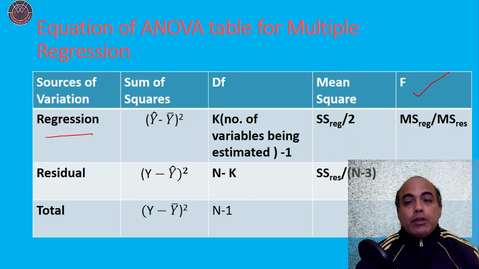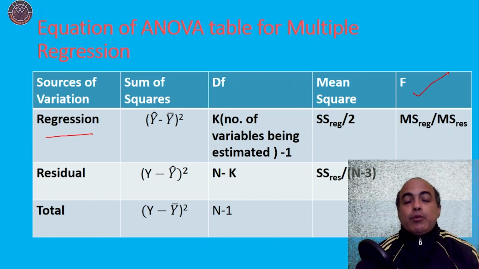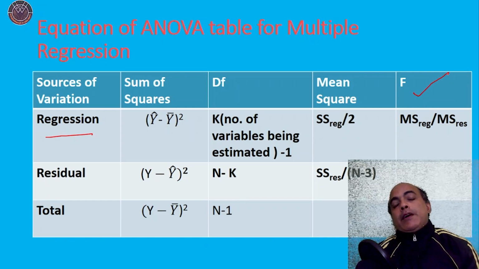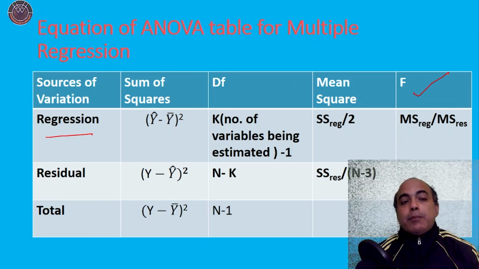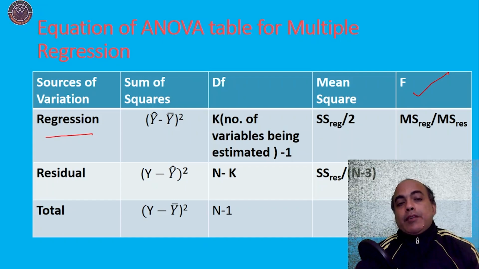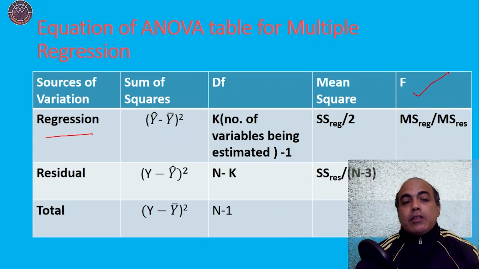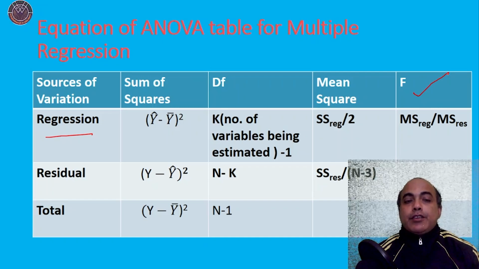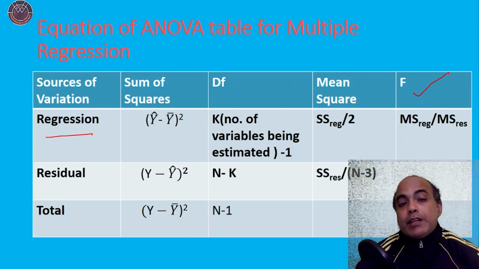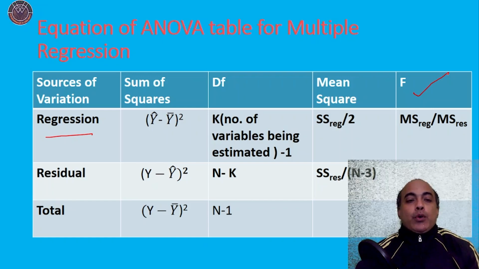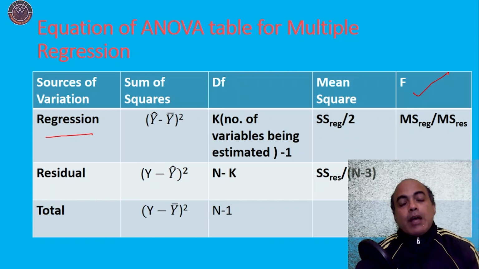So we have to test that hypothesis, whether the null hypothesis is rejected, or can be converted into the alternative hypothesis, and whether our regression model or line of fit is actually working or not. The sum of squares I have already discussed.